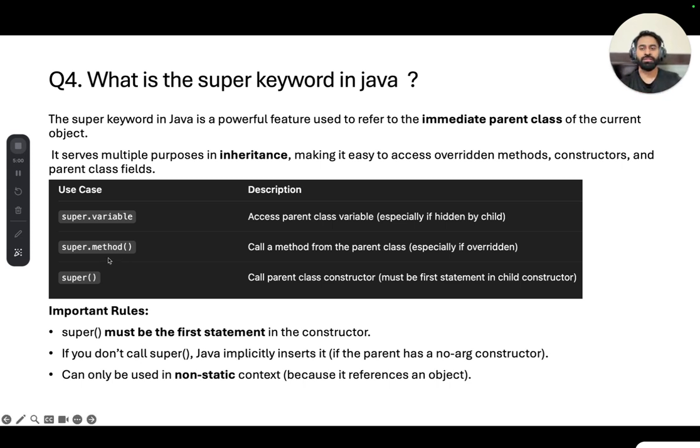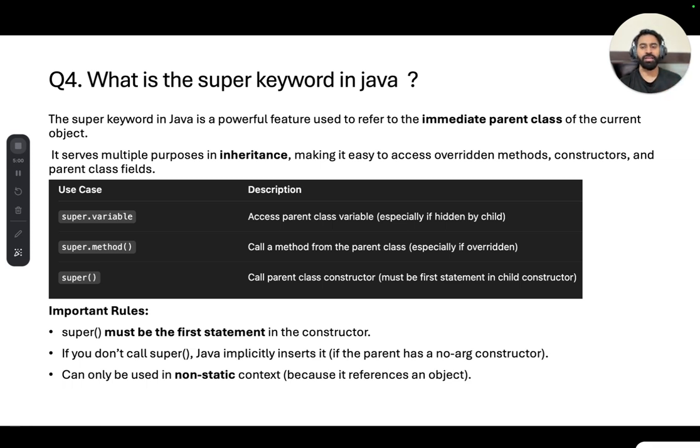First, let's discuss this table. Where can we use the super keyword in a Java class? You can use it with a variable, which means it is trying to access the parent class variable, like super.variable. You can use super with a method, which means it is trying to access the parent class method.